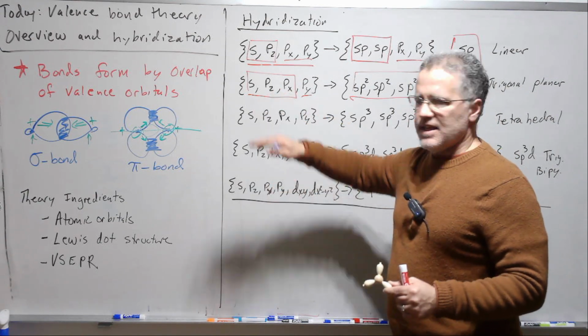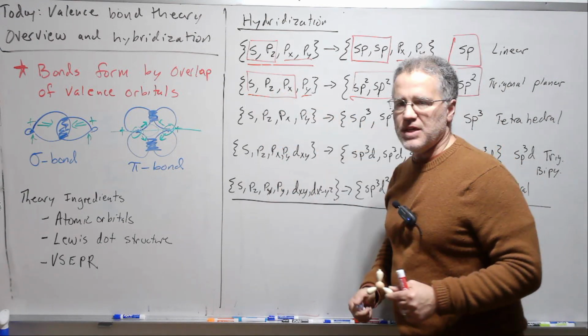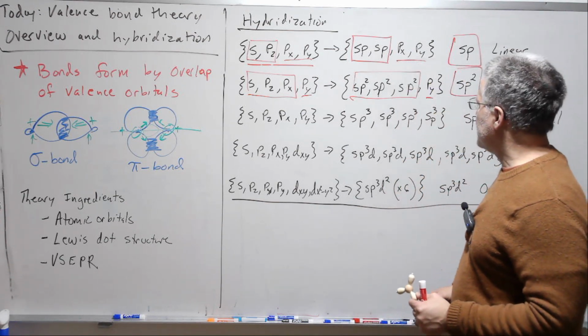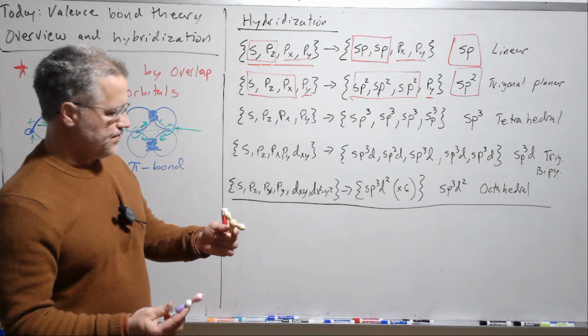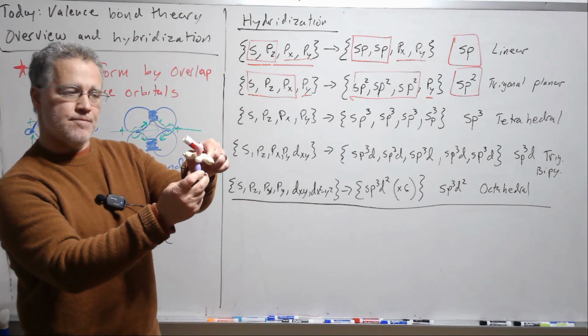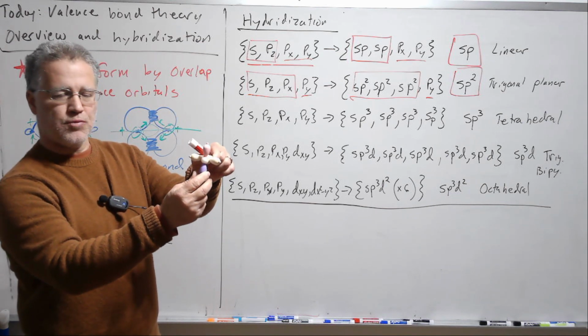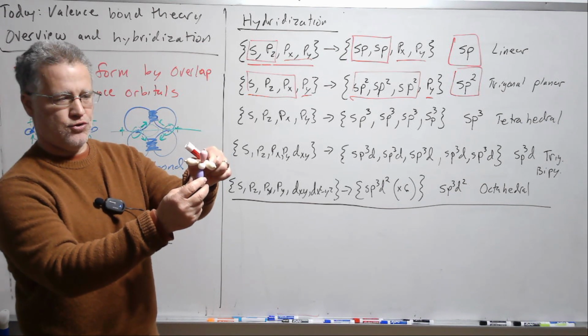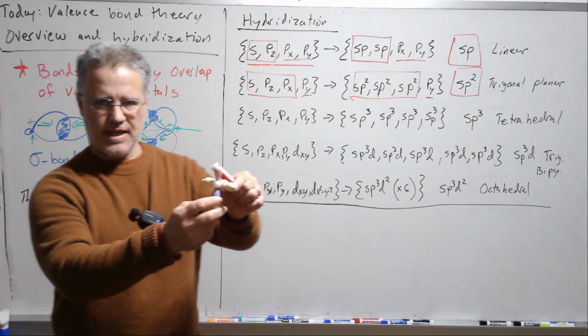So that's going to create the xz plane, and that's going to leave the py free. And again, it doesn't really matter which two we choose. So that'll look like that. But regardless of which two we choose, the other one will be perpendicular to the plane made by those two. So it looks something like that.